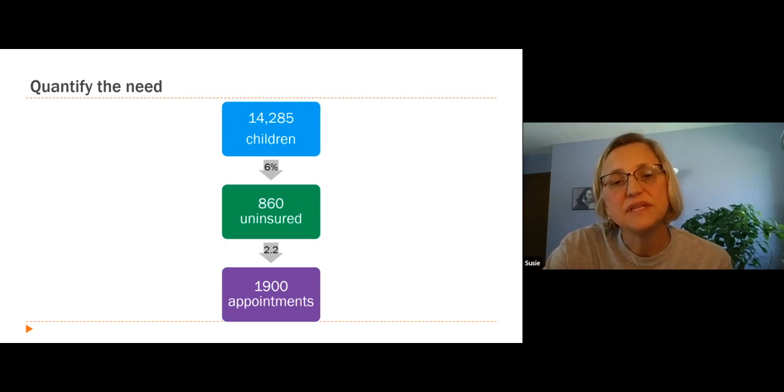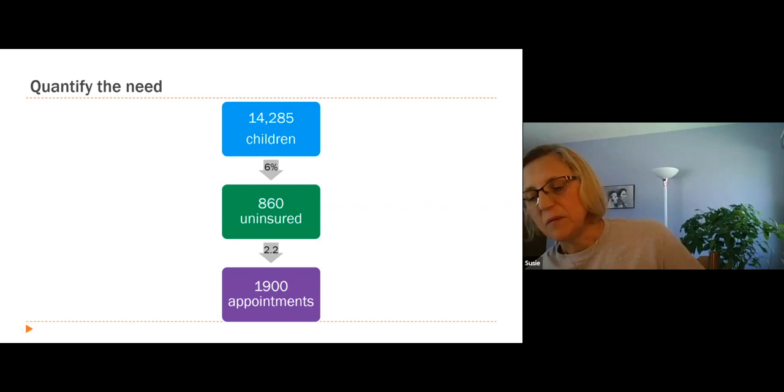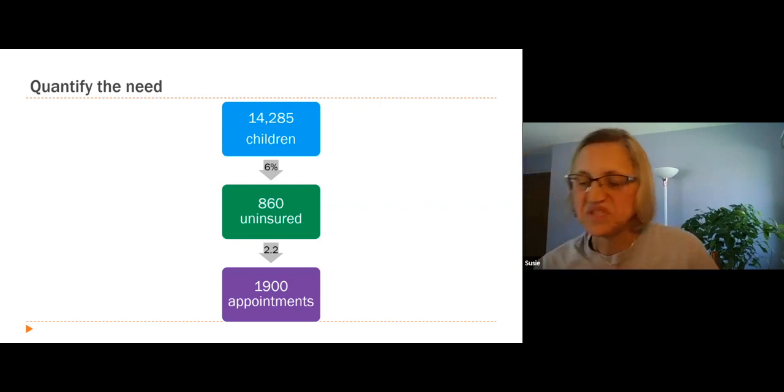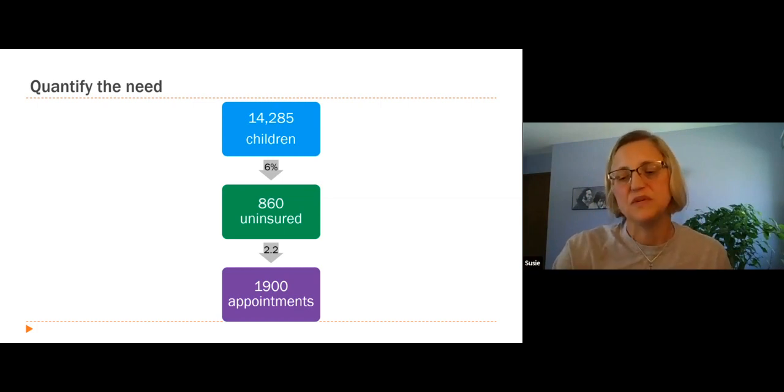So that means there's 860 uninsured kids in the district. We are serving about 400 of those. But in order to see all 860 2 times a year, we would need 1,900 appointments. And currently we're only offering around 700 appointments. So there's definitely a gap that we still could fill if we had the resources to do that.